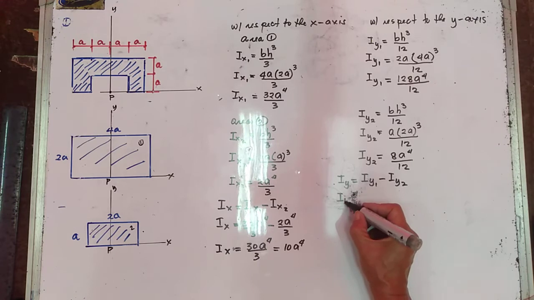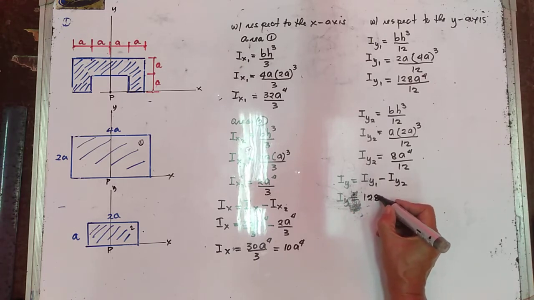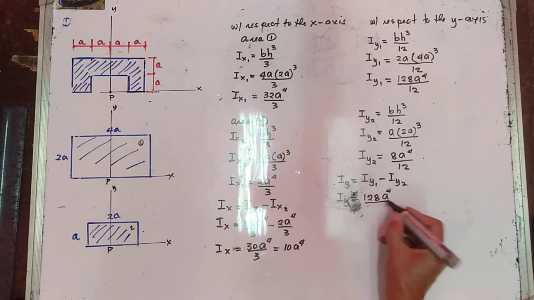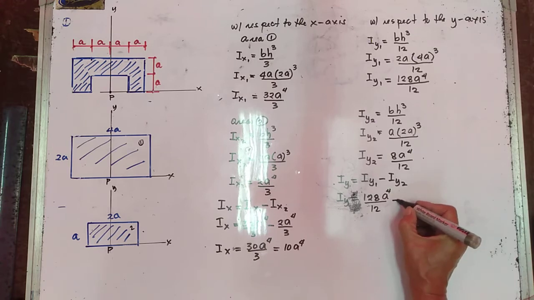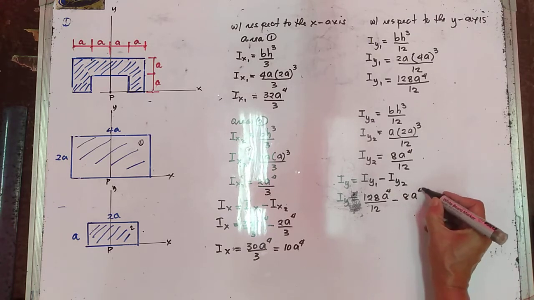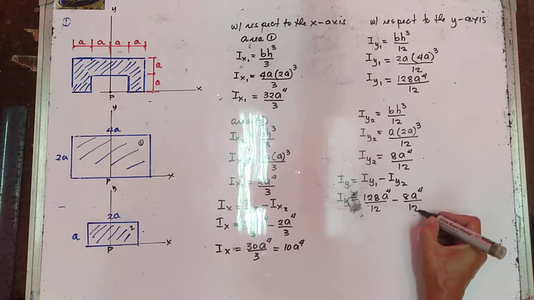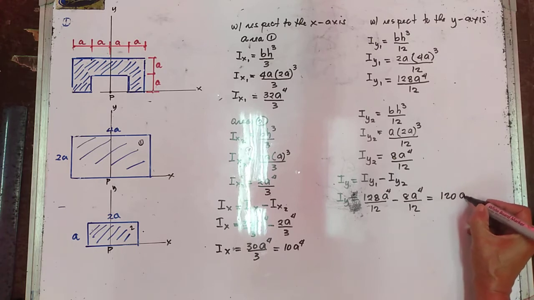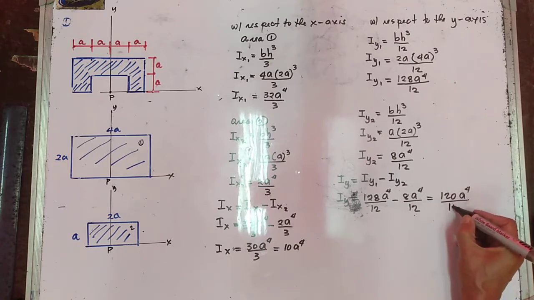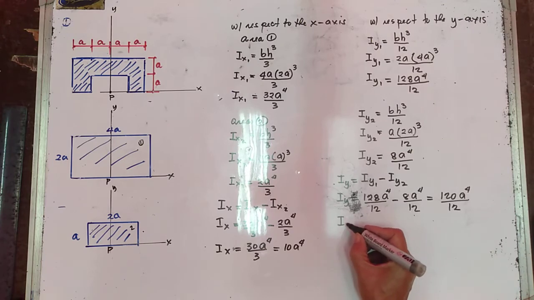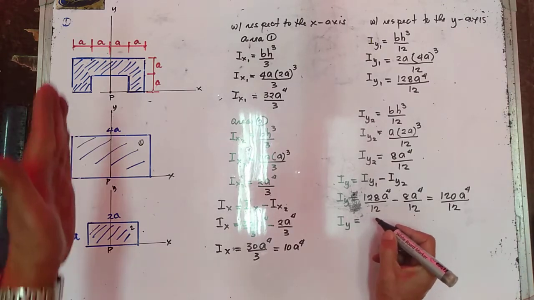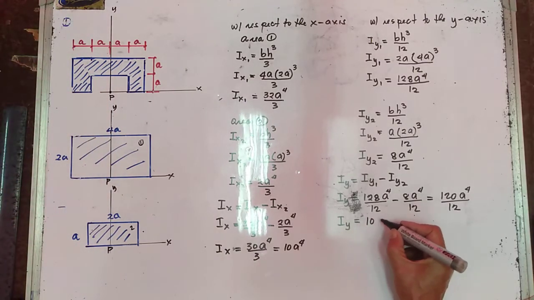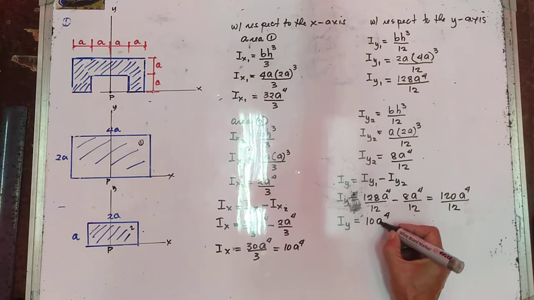So your Iy is now equal to 128 a raised to the fourth all over 12 minus 8a raised to the fourth all over 12, or this one is equal to 120a raised to the fourth all over 12. So the moment of inertia with respect to the y-axis is now equal to 10a raised to the fourth.